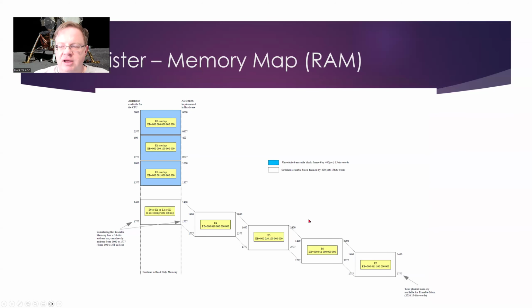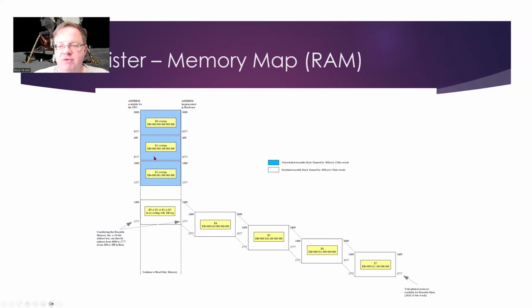So here's a slightly graphical version, and I wanted to thank the Apollo Guidance Computer website, where I got this, which shows how we map out the address. So the address ranges that are available for the CPU, we've got our E0 bank of memory, E1 memory, and E2 memory.